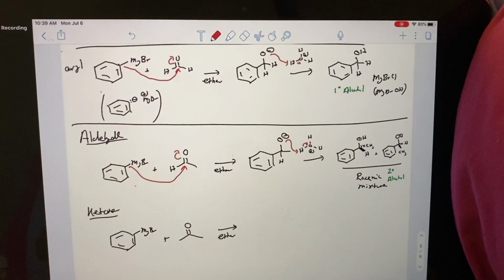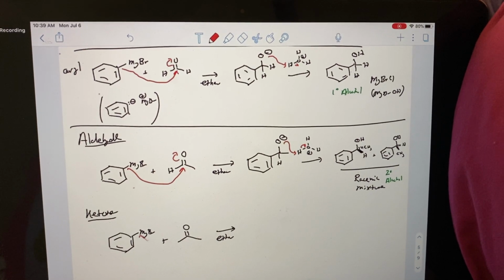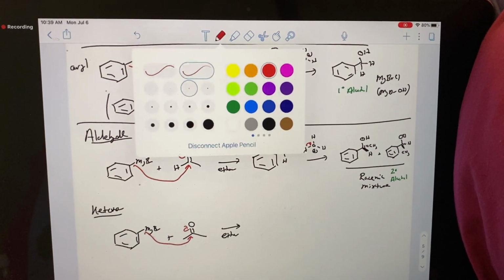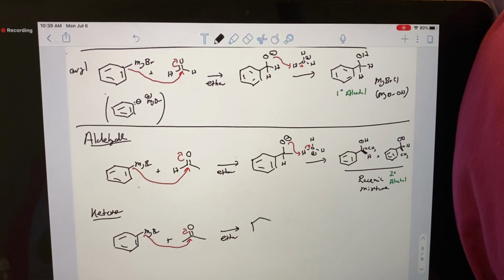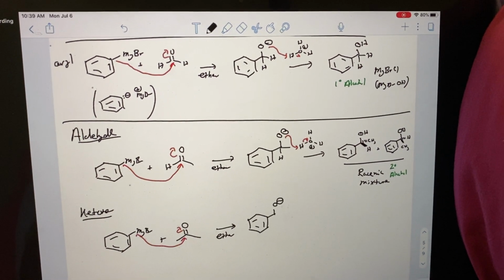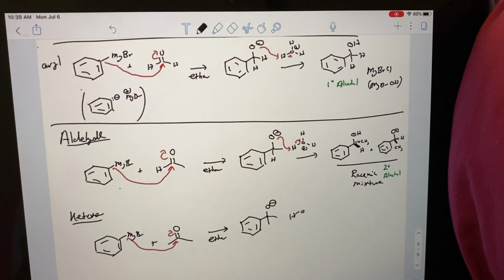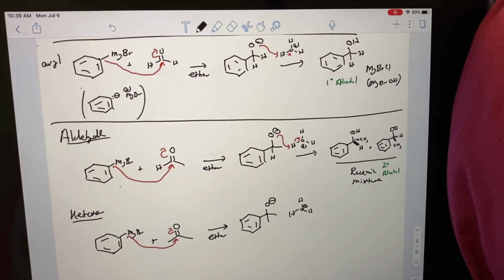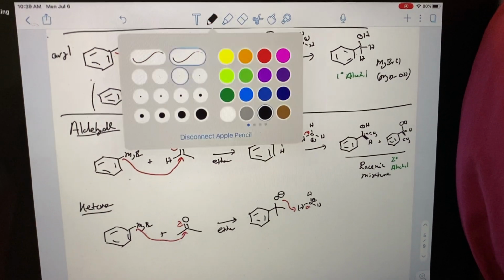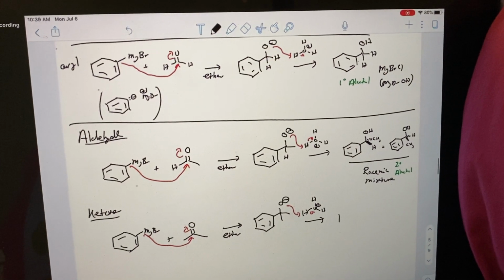And then this is the same thing with the ketone. It's going to attack. I'm just going to form our tetrahedral intermediate. This time it has 2 methyl groups, which are both the same. Go ahead and protonate.